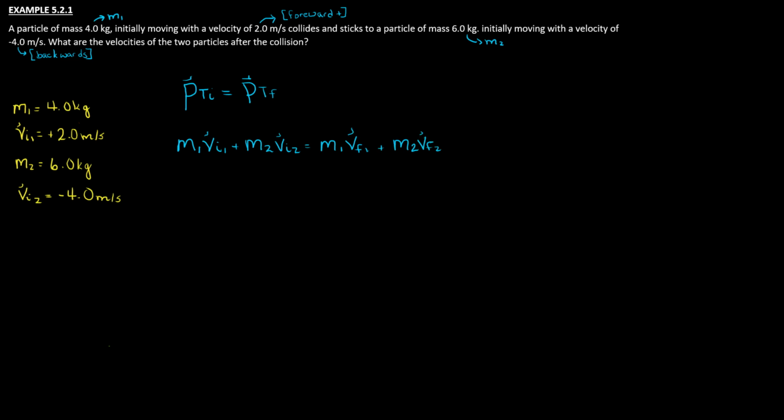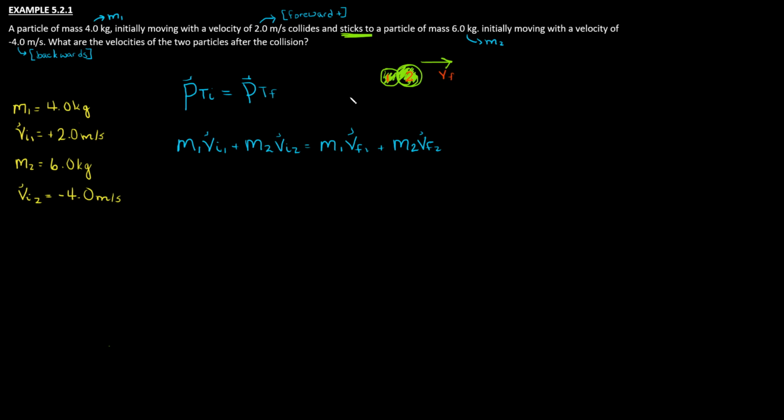Now, what we need to consider about this question is, notice right here it says it sticks to a particle. So technically that means at the end, those two particles, particle 1 and particle 2, they're going to be traveling together with some final velocity.